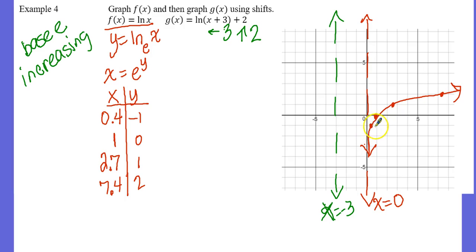And shift your points left 3, up 2. And regraph.